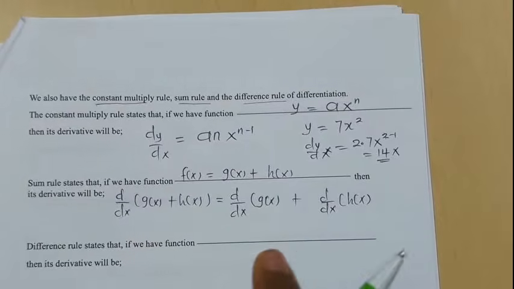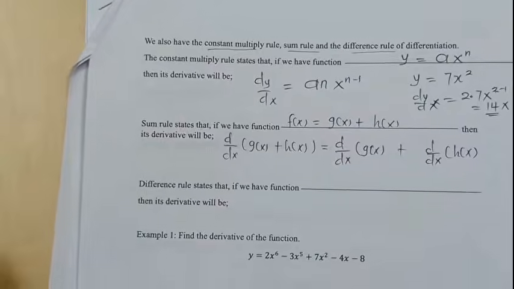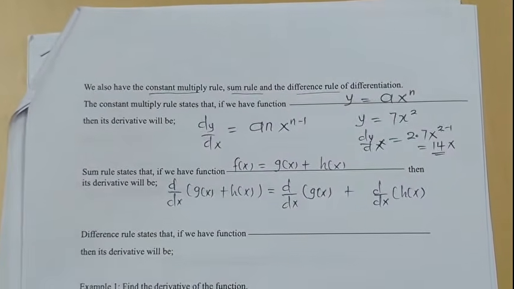This simply means that to differentiate any two functions adding, you differentiate them term by term. So it's as simple as that. The same thing applies to the difference rule too.